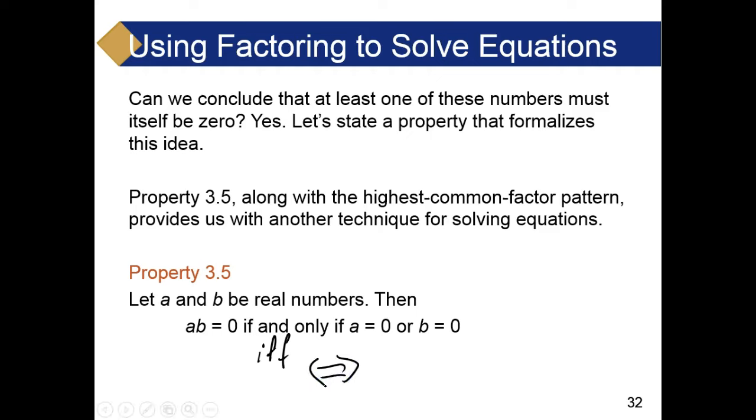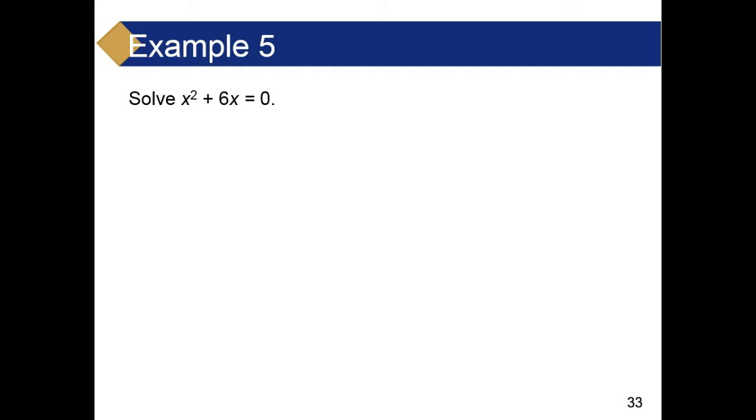Okay? What a single arrow says, something here implies that. If it's going the other way, something there implies this. The double arrow says this implies that, and this implies that. That's if and only if. Okay? So it's a double arrow. Okay? Just a little bit of nomenclature or symbology before we move on. So let's do example 5.